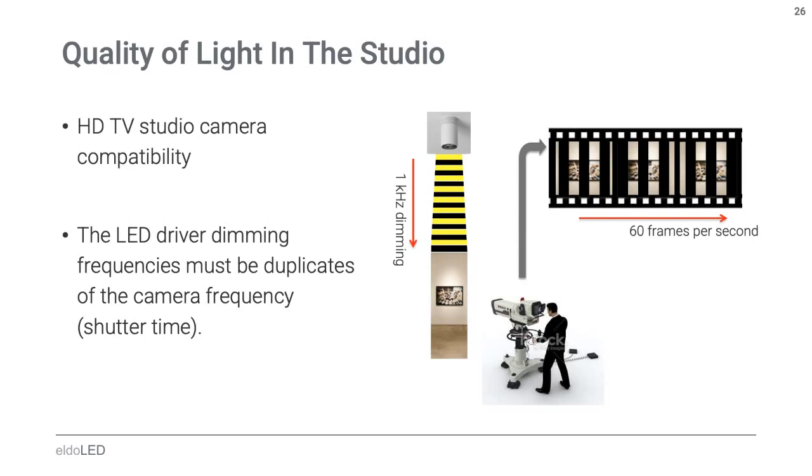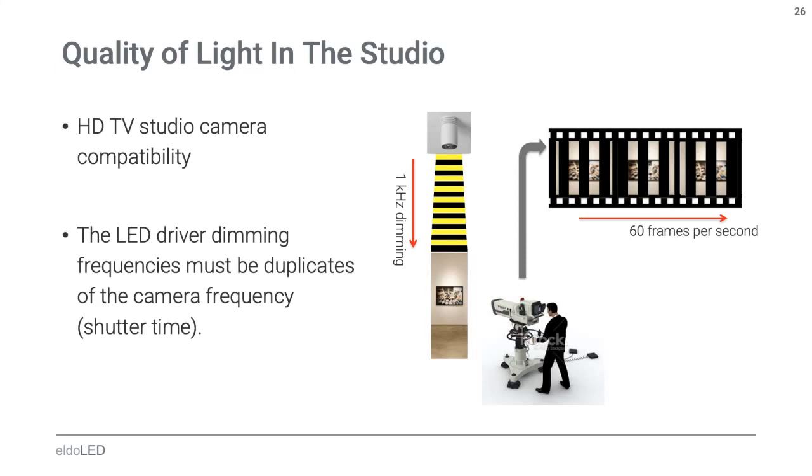However, the camera is recording at a fairly low shutter speed, like 50 Hertz, 60 Hertz, sometimes a little bit different. The frequency of the modulation is much higher. We're stating here 1 kilohertz, but it can be up to 10 or 20 kilohertz in general. The only way we ensure ourselves is that the synchronization of the shutter of the camera is exactly in sync with the modulation of the driver algorithm.